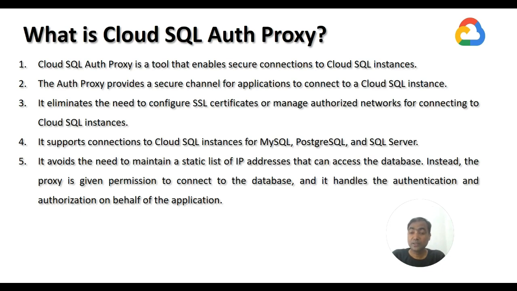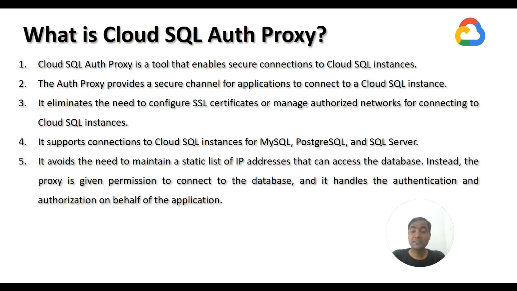Cloud SQL Auth Proxy authenticates connections using IAM credentials, which eliminates the need to manage user accounts and passwords at the database level. This can simplify your security posture and make it easier to manage access to your databases.